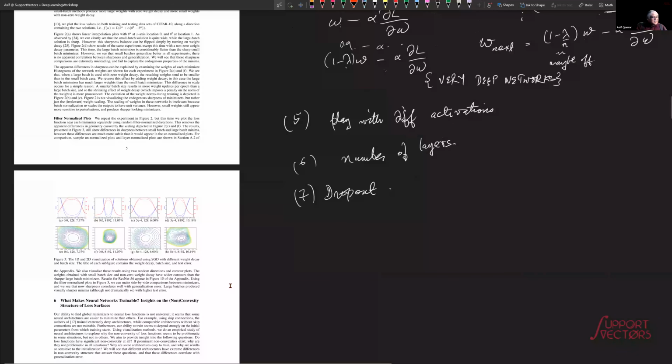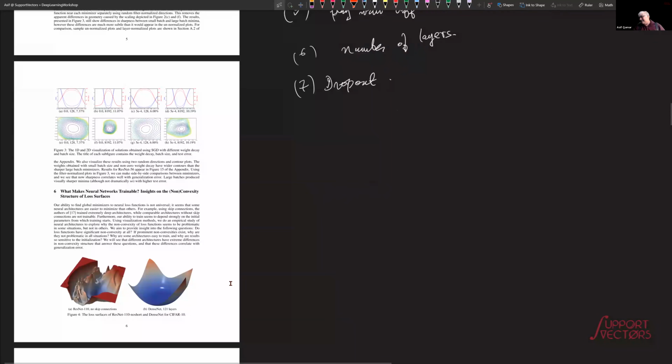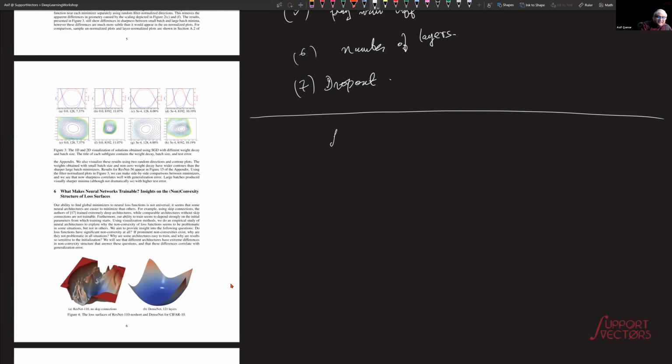So let us learn to interpret these tools. We'll just assume that their method works, and I'll give you a rough idea, in short, of how the method works. You realize that we are in a very high dimensional space, so the dimensionality of the space is very high.